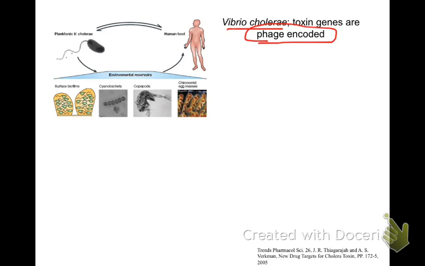It exists most often as a planktonic cell. It has a single polar flagellum, and it's out in marine environments. It does associate as a biofilm with other Vibrio, but it can also have, as a reservoir in the environment, its association with cyanobacteria, copepods, or chironomid egg masses, and these are midges, which are related to mosquitoes.